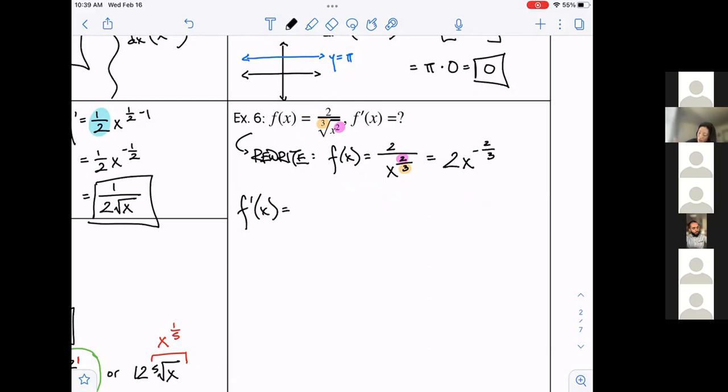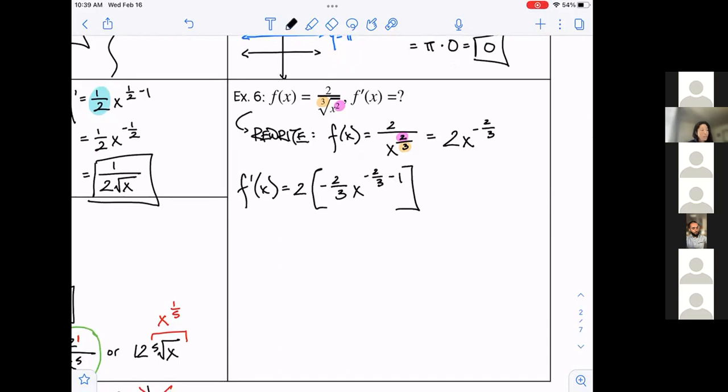And in fact, the first thing that I should write down is not going to be negative 2/3, but it's going to be 2. Then I bring down the power as a coefficient, and then I lose a power in the exponent.